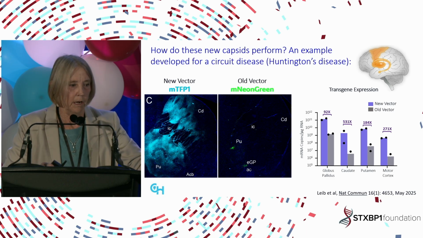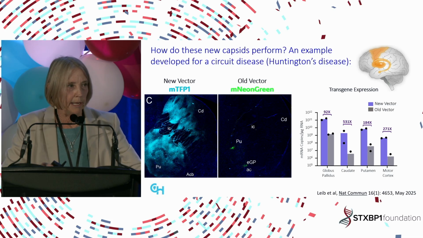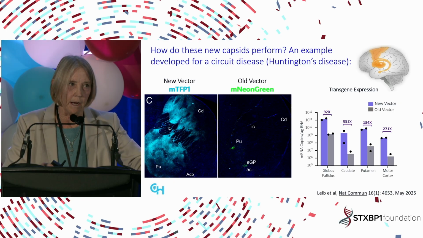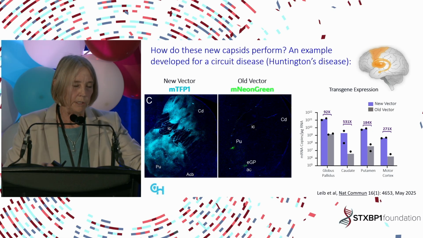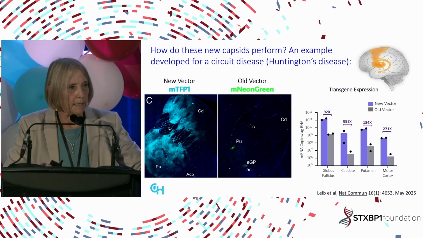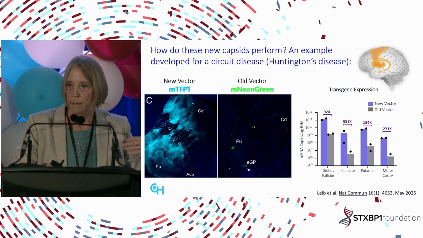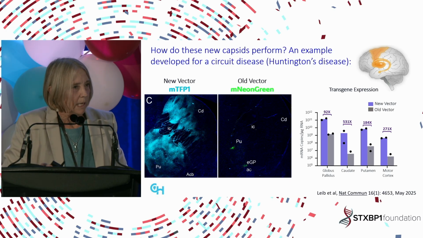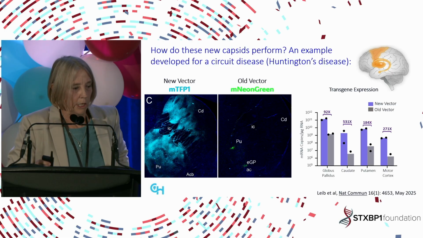That was not our target. And our new vector, you can see this blue haze. It basically hits all of that orange area. And the old vector at that same dose, there's a little green dot there. That's how much it hits. And we can quantify that, and you see that we hit anywhere from 90 times better to 530 times better than those vectors that are currently being used in people for gene therapy trials.